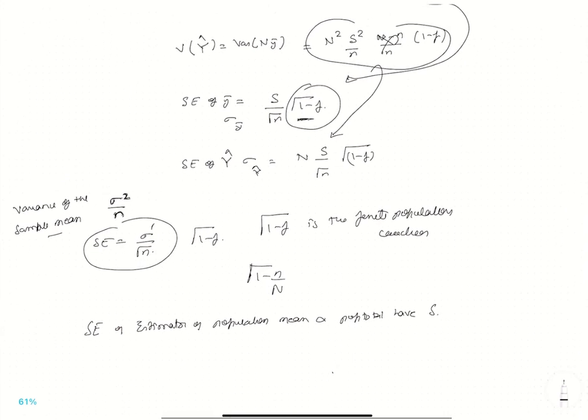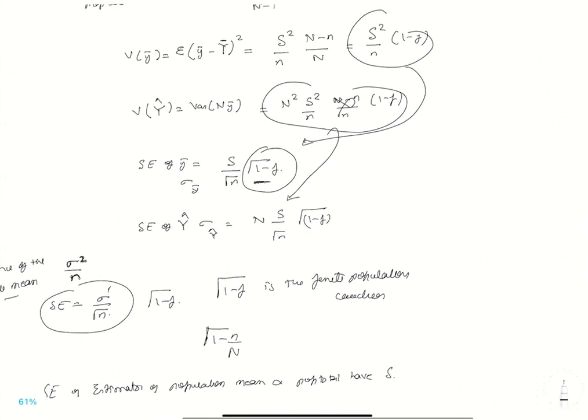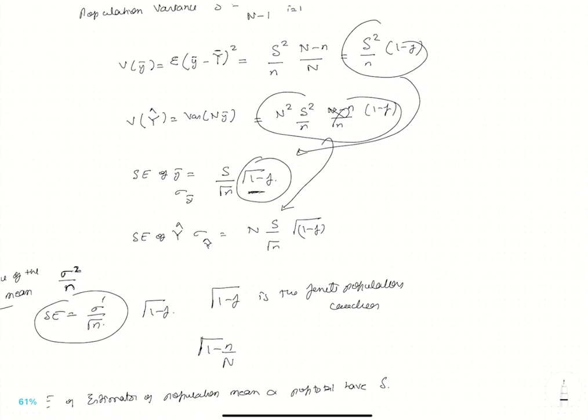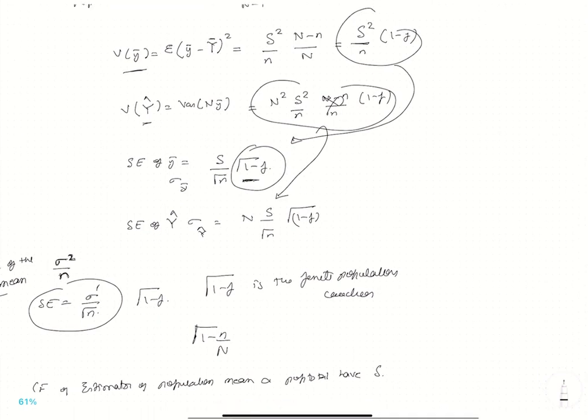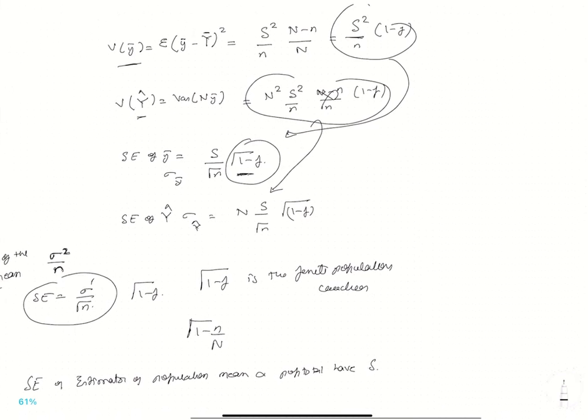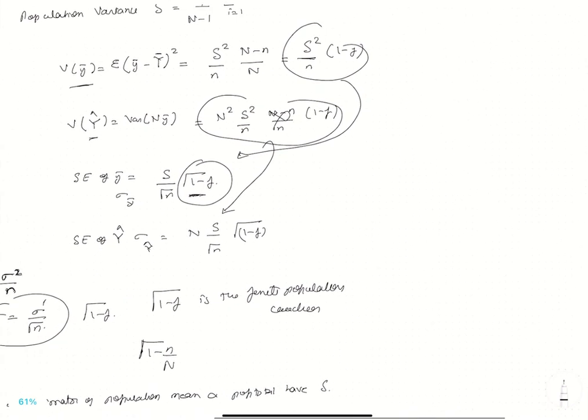So the standard error or the variance of y bar has S in them, and even the variance of the population total y hat also has capital S in them. So this is the population standard deviation. Now we don't know this, so we have to estimate it from the sample data.